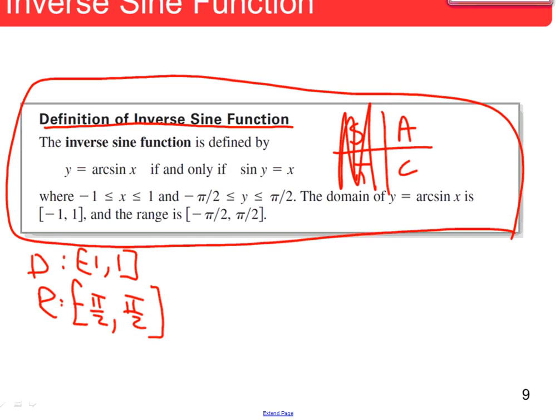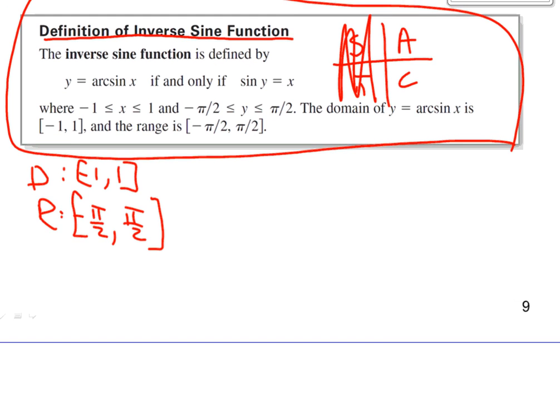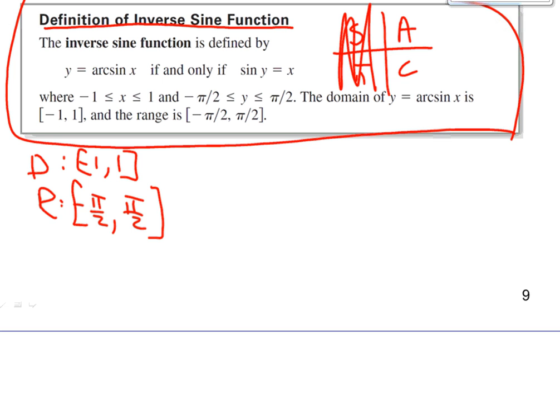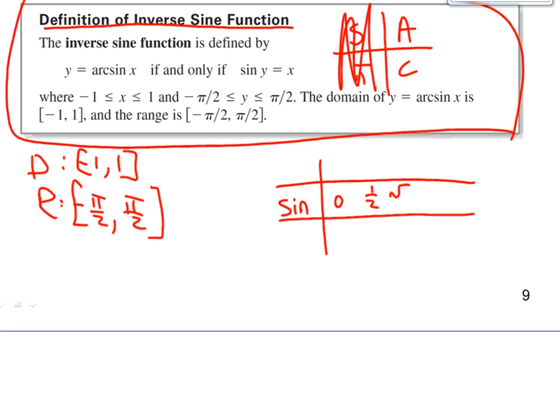So I'm just going to slide this down a little bit and keep going through this, reminding myself, since I'm only talking about sine right now, if you remember, those go 0, 1/2, square root of 2 over 2, square root of 3 over 2, and 1. And this is 0, pi over 6, pi over 4, pi over 3, and pi over 2.